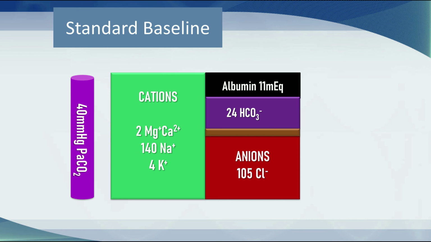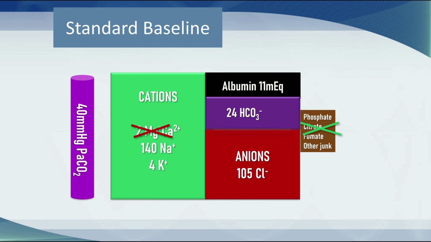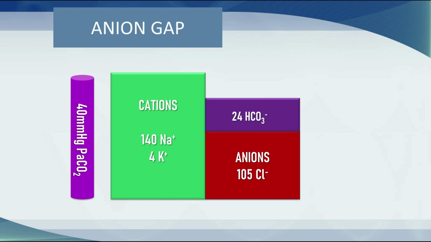This is the charge that's carried by albumin, so about 11 milliequivalents per liter. 24 of bicarbonate, 105 of chloride, that's the major extracellular anion, and then some other stuff, phosphate, citrate, fumarate, just other junk. So if you write off the magnesium and the calcium, you can pretty much write off this stuff. And this is more or less what you're left with.